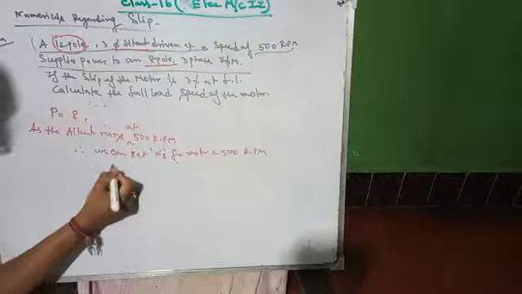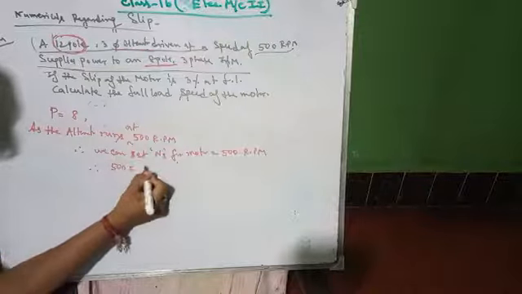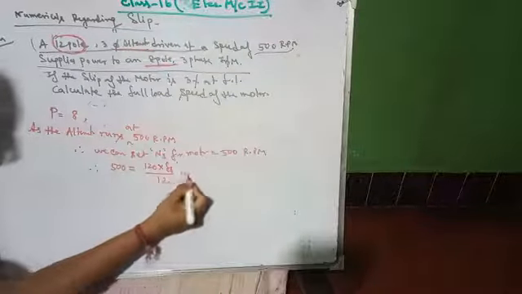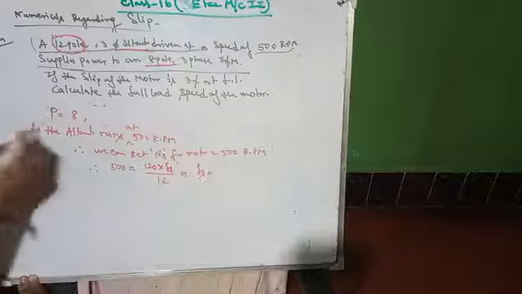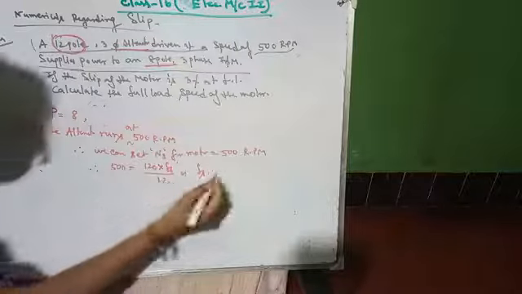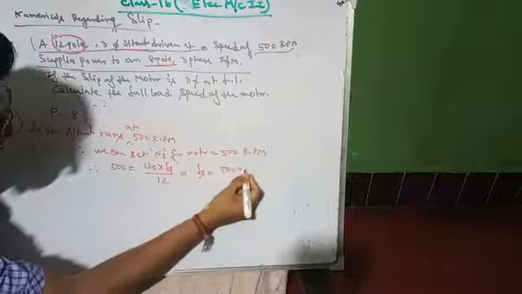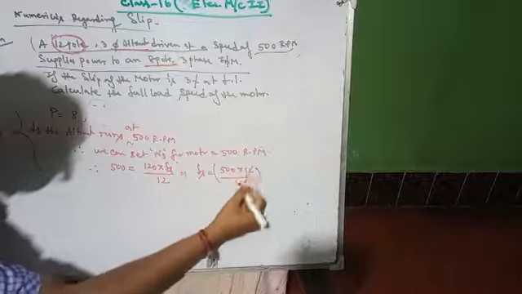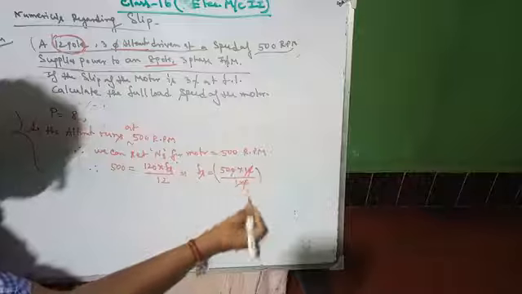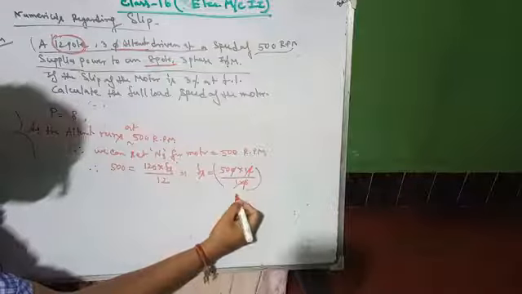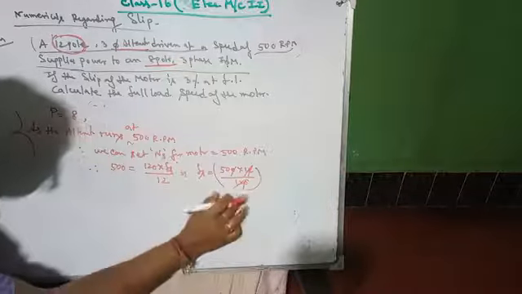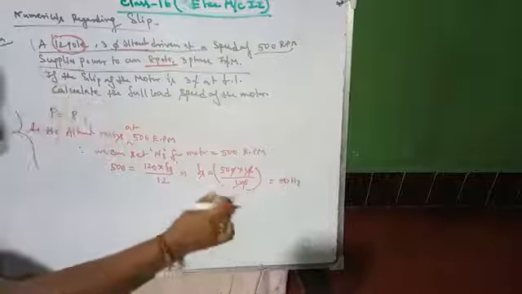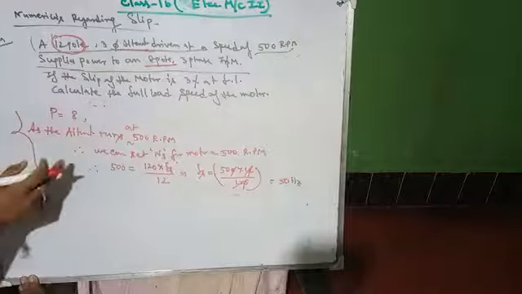So 500 equals 120 Fs by 12. Let us first find Fs, the frequency of the supply system. 500 into 12 by 120, so 0 0 cancel out, 12 cancels out by 12 with 1. So 50 Hertz, right? So you can say that a 50 Hertz supply is given to the motor.